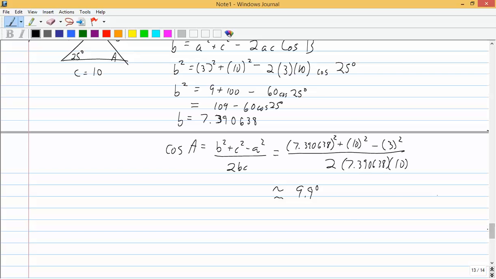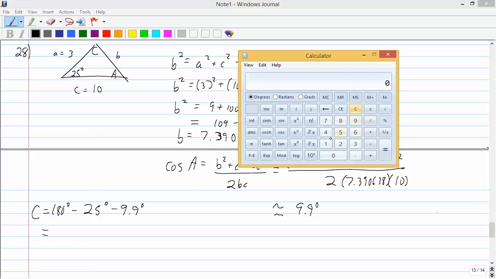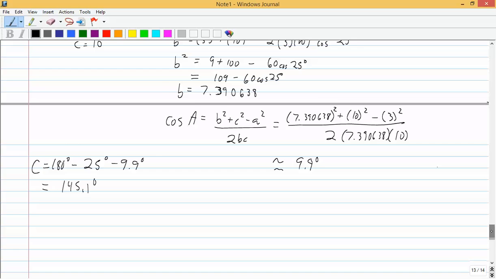Alright, now I have two of the angles, so I can solve for the third. So angle C is equal to 180 degrees minus 25 degrees minus 9.9 degrees, and that's 145.1 degrees. That is an approximation, but that's what your test is looking for.